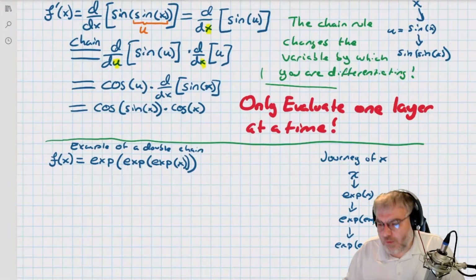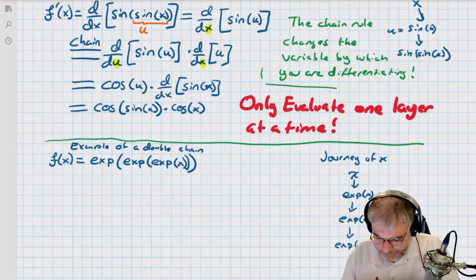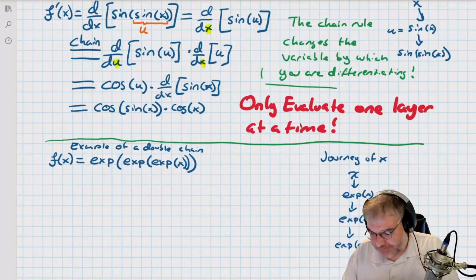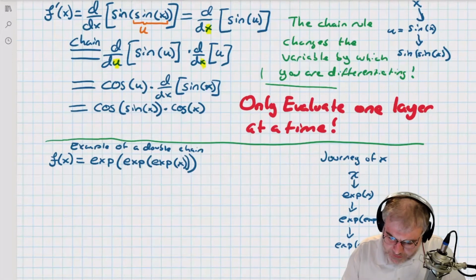That's fun. Well, what I'm going to do is work outside in. Okay? And I'm just going to apply the chain rule. Now, I'm going to have to do it twice, but I'm only going to work outside in. So the first time, I'm going to let u be this whole chunk.